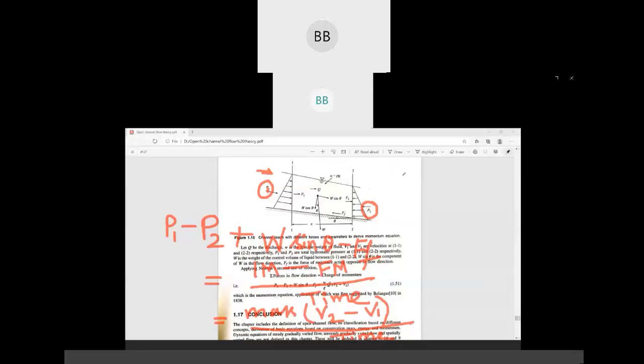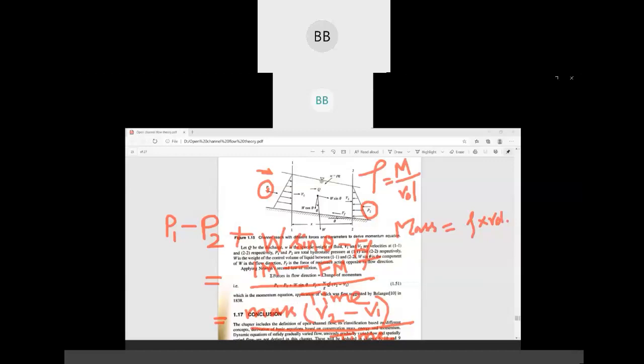Then, density is equal to mass by volume. Density is nothing but mass by volume, so mass is equal to density multiplied by volume.